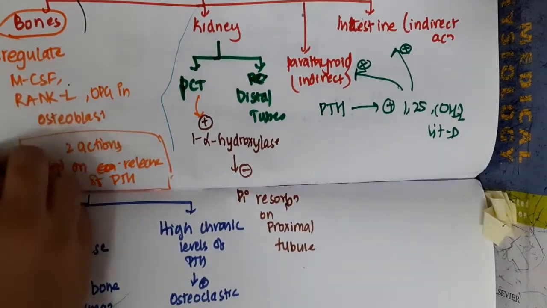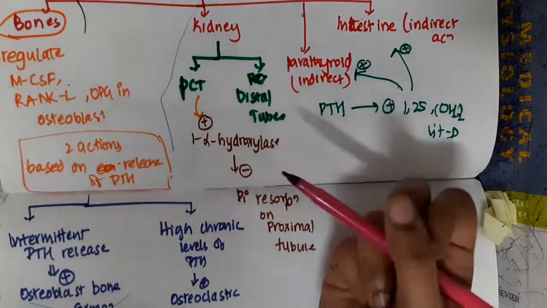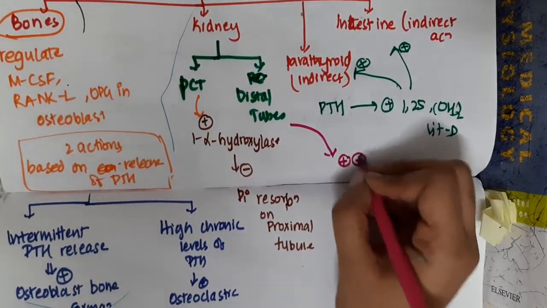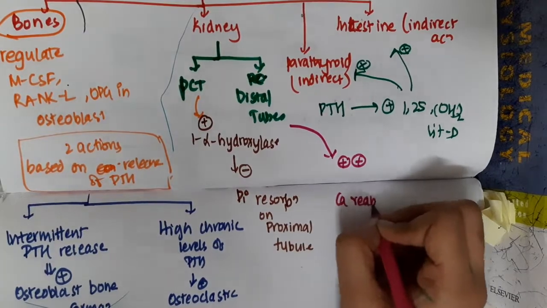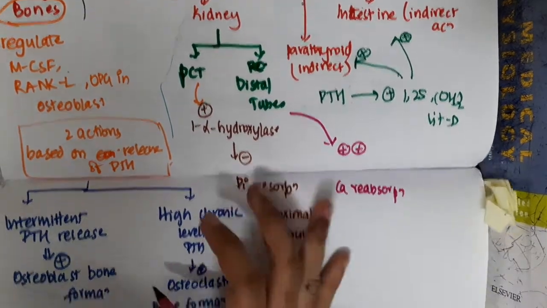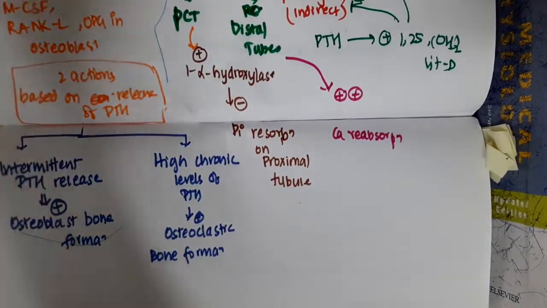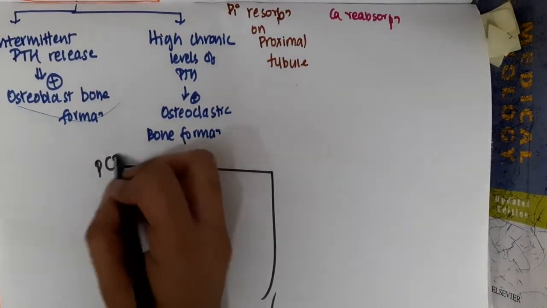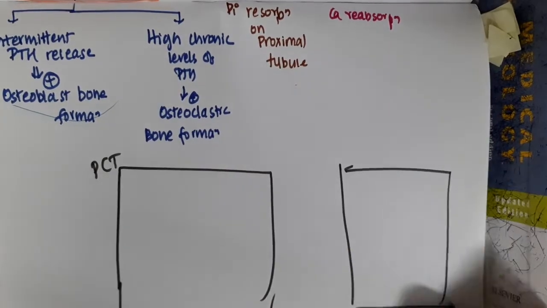Then in the distal tubule, what does it do? In the distal tubule, it will stimulate calcium reabsorption. So this is the proximal convoluted tubule, this is the distal tubule.